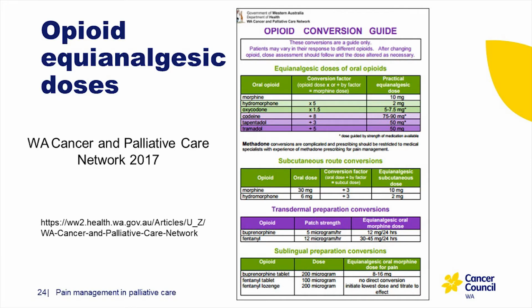We do have a statewide opioid analgesic conversion chart, and the Cancer Council has a video explaining how to use this in detail, and it's important that we understand the different potency of the different opioids that we might be choosing and feel confident in converting from one opioid to another.